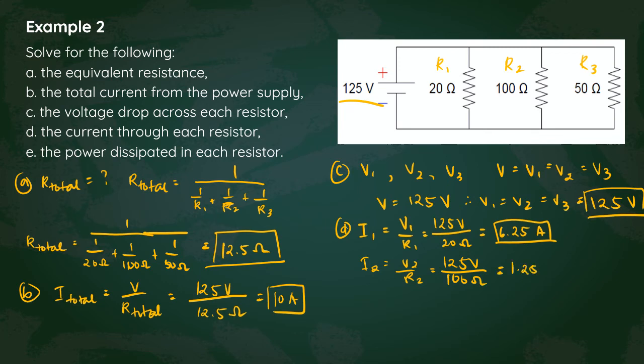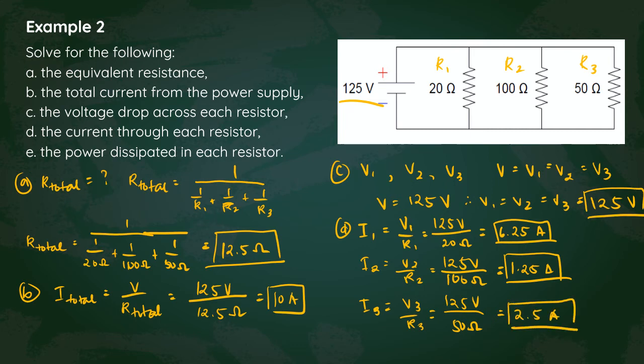That's 1.25 amperes. And I3, which is V3 over R3. Substituting your values, that's 125 volts over 50 ohms, and that will give you 2.5 amperes.